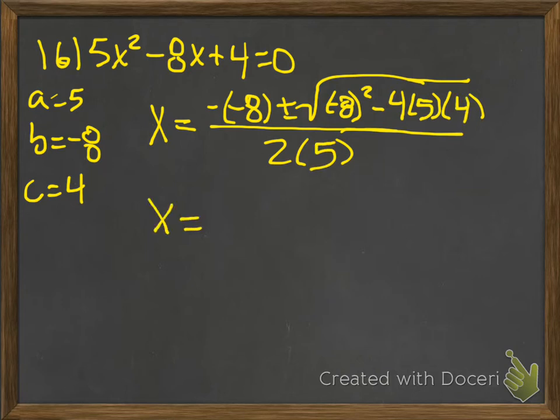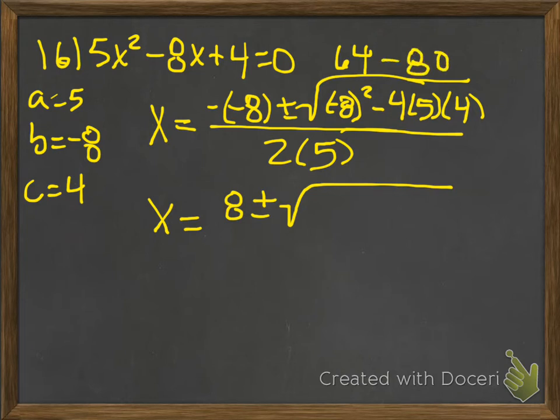So here I have x equal to positive 8 plus and minus the square root of 8 squared is 64, negative 8 squared is still 64, 4 times 5 is 20, and 20 times 4 is 80. So now you have a negative. So that's negative 16. All of that over 10.